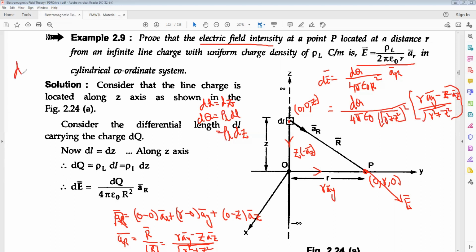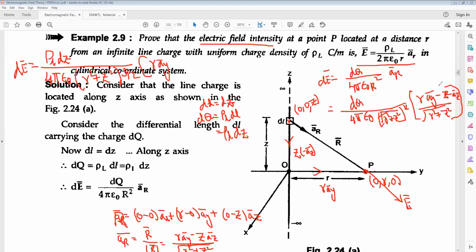And now we need to find dE bar, which is equal to dq. Substitute that as rho l into dz by 4 pi epsilon naught. In the denominator, the square and the root get cancelled, and we get r square plus z square whole power 3 by 2, multiplied with r into ay bar.